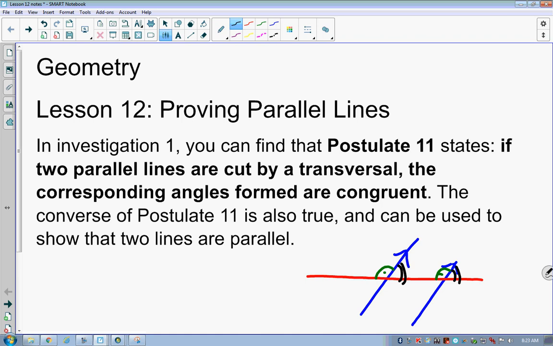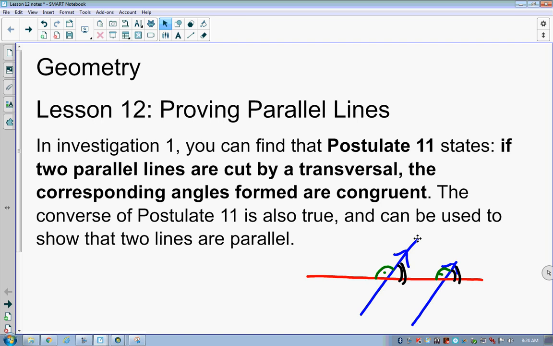Okay. Which is going to bring me to my next point, that there is a converse of postulate 11. Converse means, if you remember, I don't remember if we have talked about conditional statements in here? That if-then? Okay. So a conditional statement is if hypothesis, then conclusion, right?